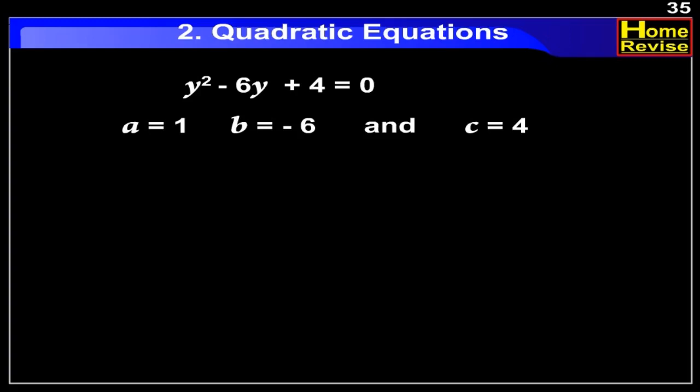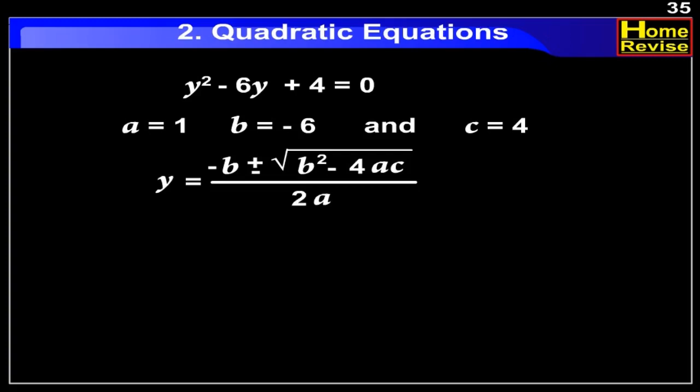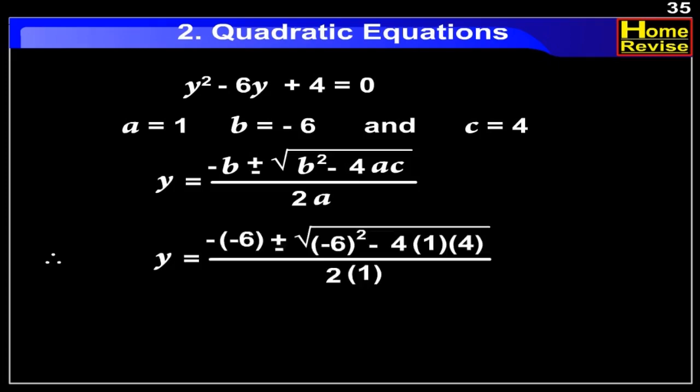Therefore, by using the formula y is equal to minus b plus or minus root b square minus 4ac upon 2a, we have y is equal to minus in bracket minus 6 plus or minus under root minus 6 square minus 4 into 1 into 4 upon 2 into 1.